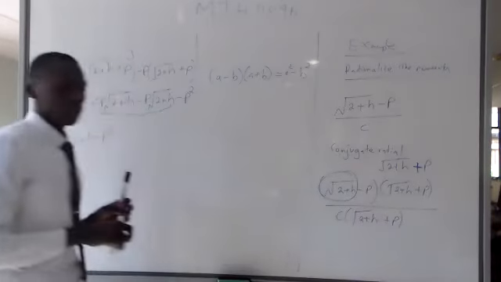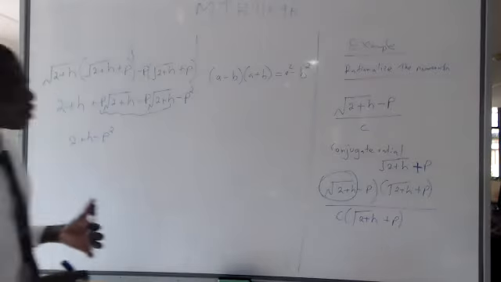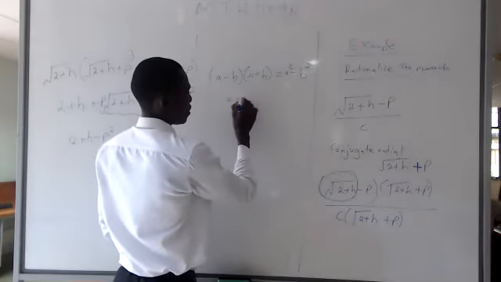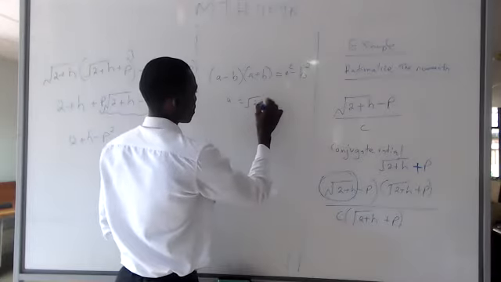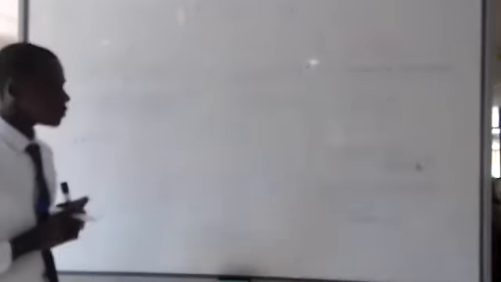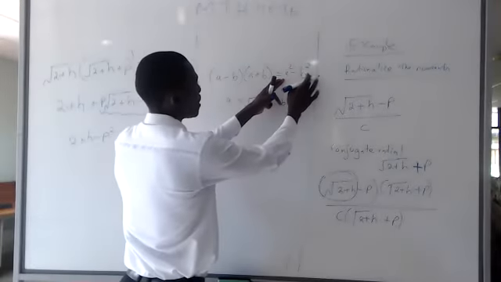We proved this in the earlier parts of the course. So in this case, take a to be root 2 plus h, and take b to be p. The answer should be a squared minus b squared.